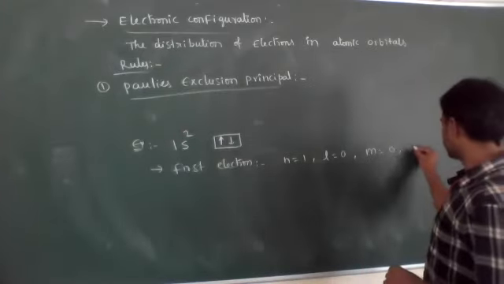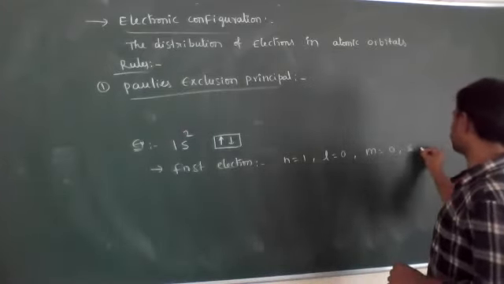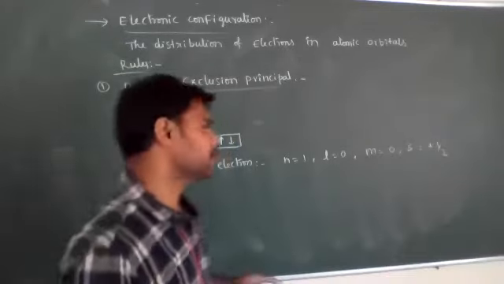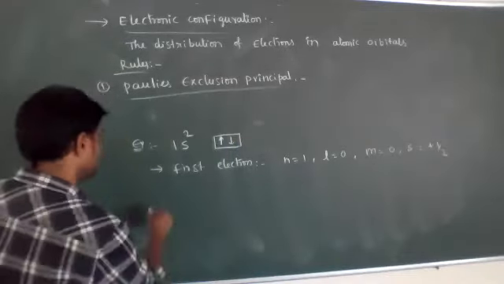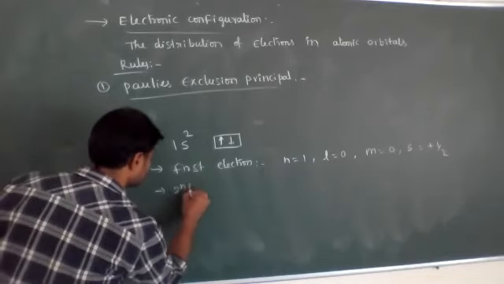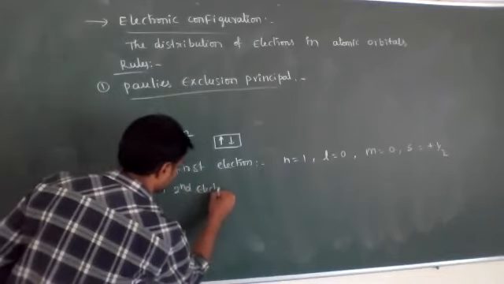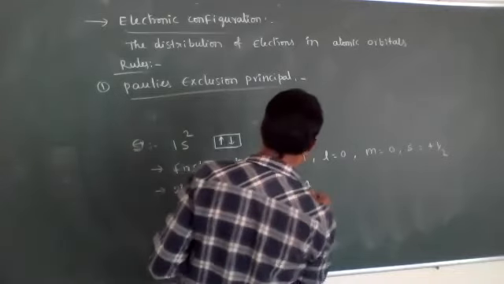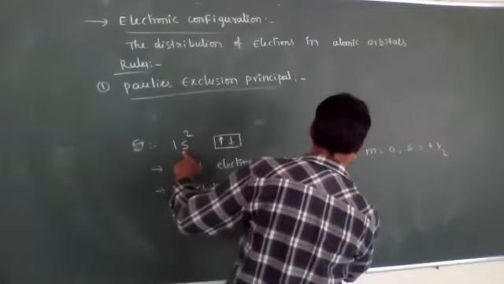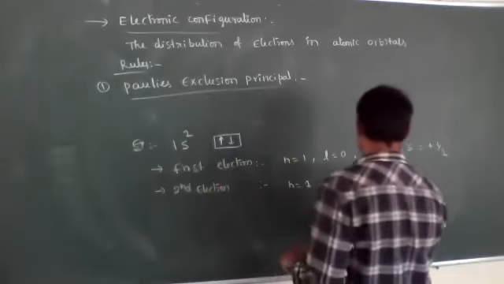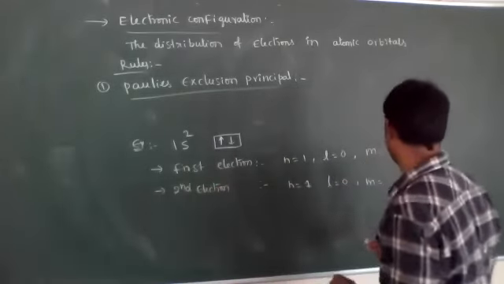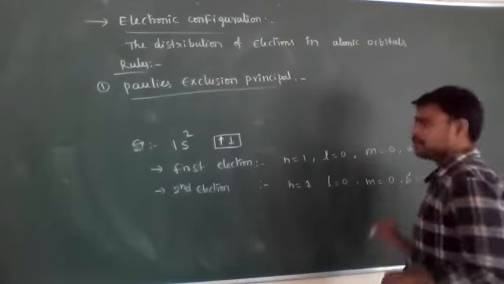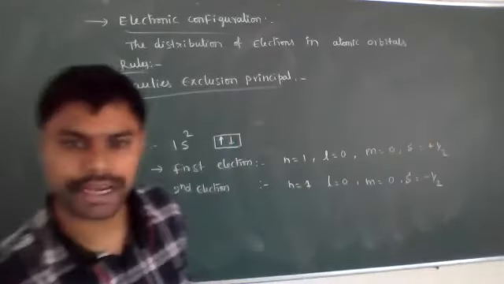Then the spin quantum number is equal to plus 1 by 2 because it is in parallel spin, clockwise direction, which I consider as plus 1 by 2. For the second electron, n is equal to 1 only. The n value never changes, the l value never changes, and the m value also never changes. But the spin quantum number value becomes minus 1 by 2.